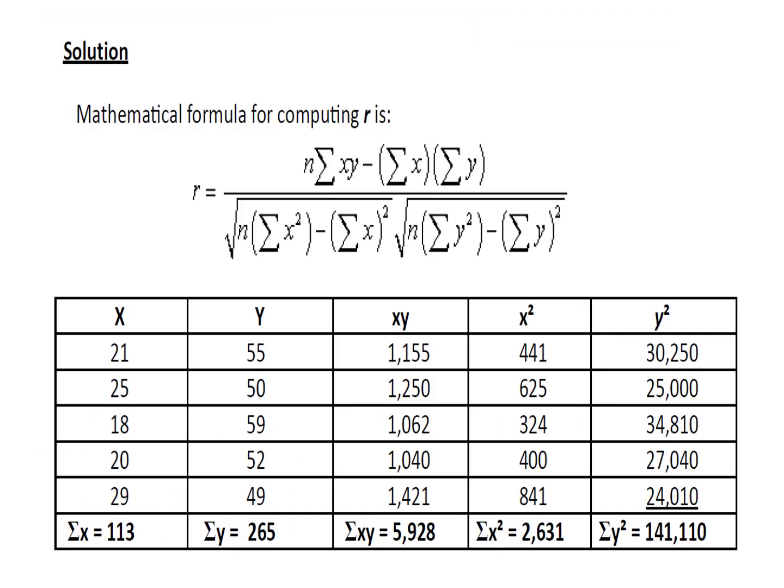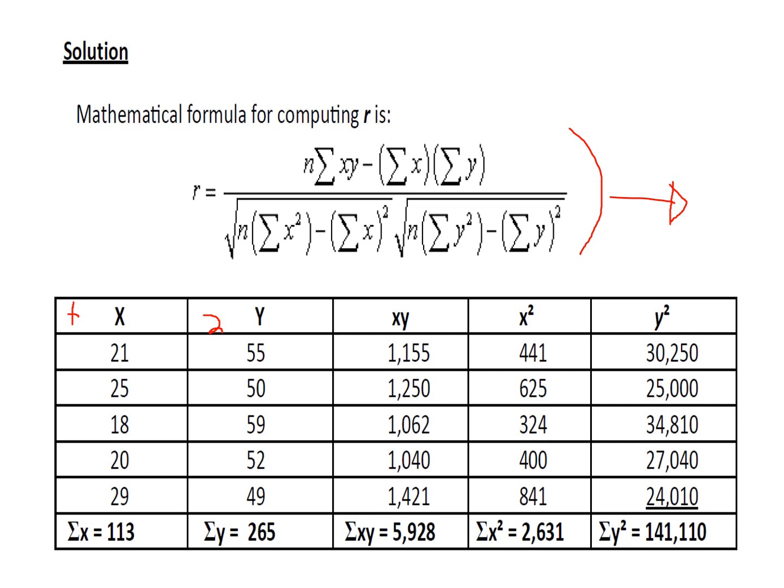So if we have a look at the tables and we do the sum, here we can see we already had this data. We already had number 1 and we already had 2, which were x and y. And now we've done x times y, and we've done x squared and y squared. The formula is here. Now the formula looks a little bit complicated, but when you look at it closely, you'll see that it's not actually that complicated.